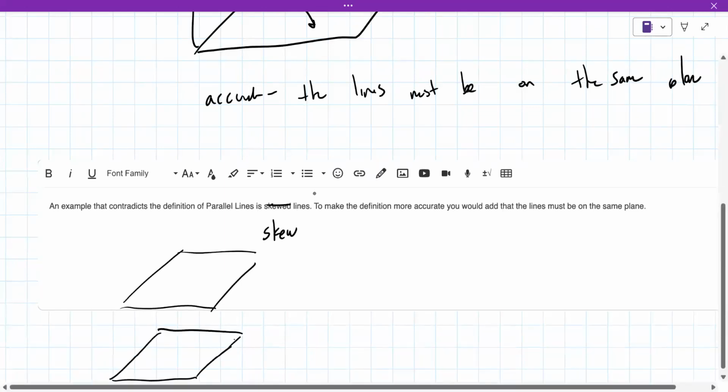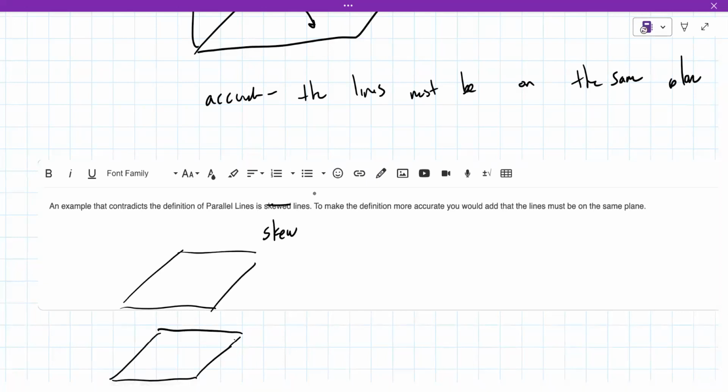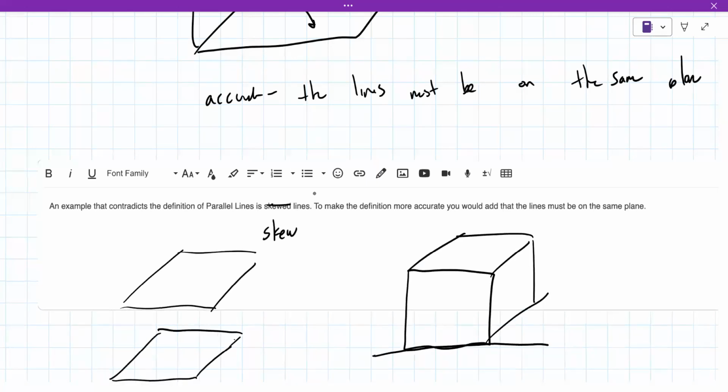Another way to do it is with a box: this line from A to B and line C to D are skew. They never intersect, but they're not parallel.